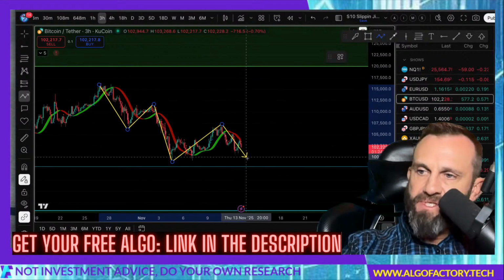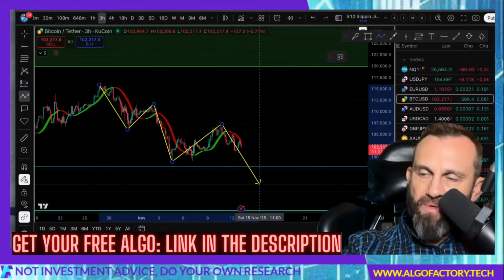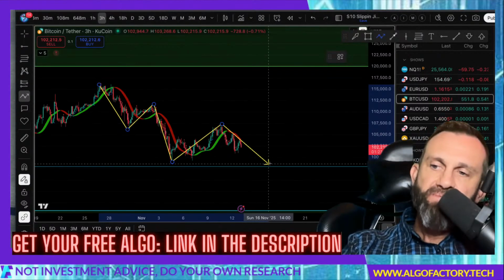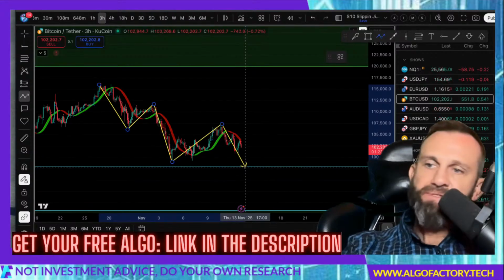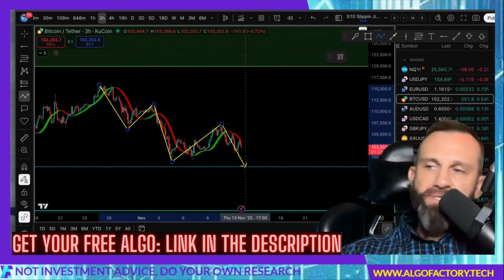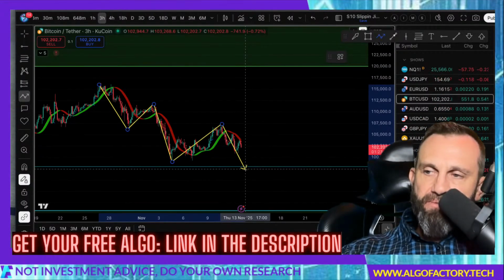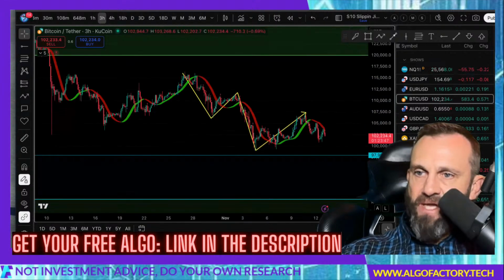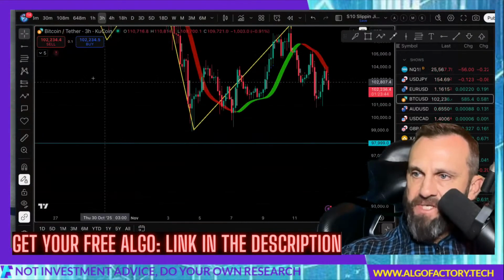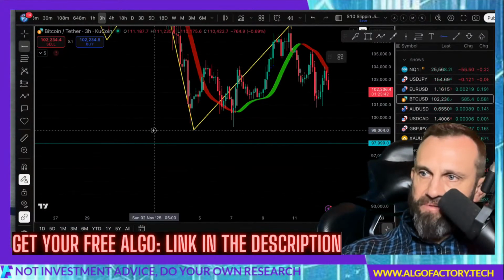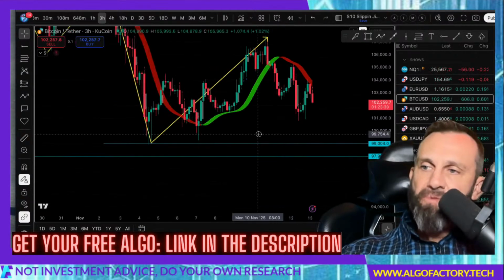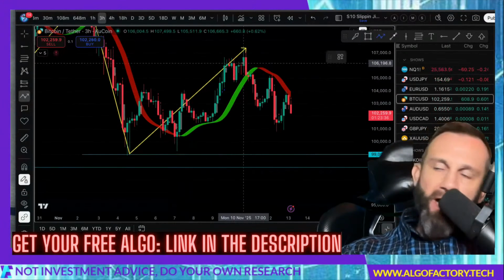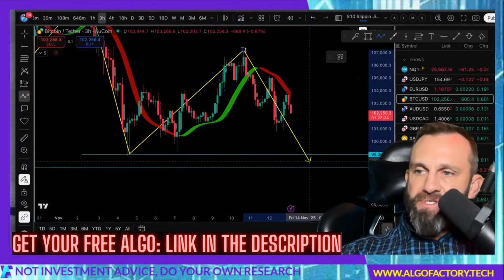Now price is approaching what might be a lower low, and that lower low has to be below this 98,000-ish support, or 97,900, right? So if price breaks below, really, technically, it just has to break below this level to make a lower low. That's 99,000. So if price goes below 99,000, officially, price is in a downtrend, right?